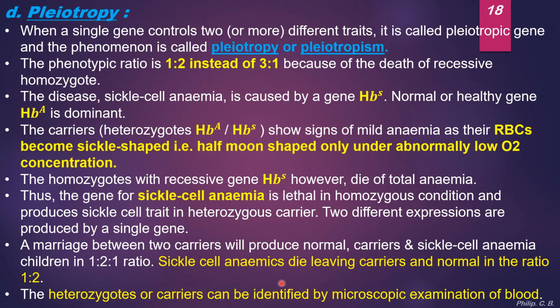But the sickle cell anemics die, leaving the carriers and normal in the ratio 1:2. So the 1:2:1 is not depicted, because the anemic sickle cell condition does not survive. The heterozygotes or carriers can be identified by microscopic examination of the blood.